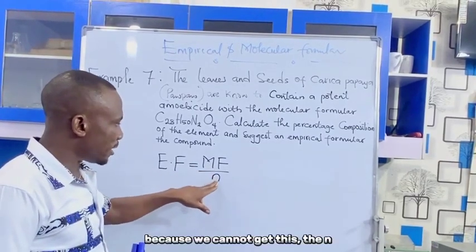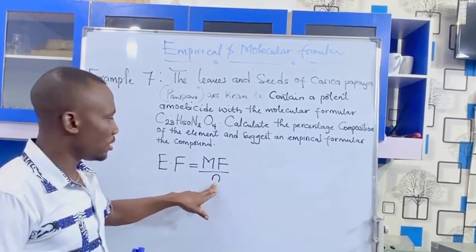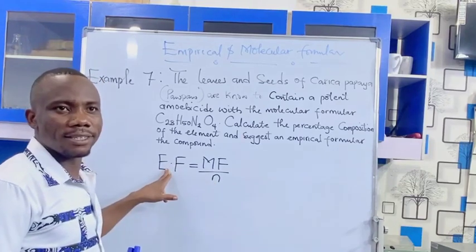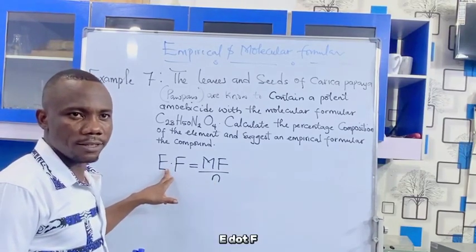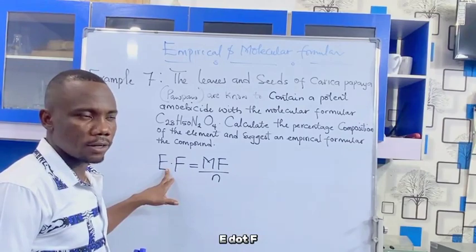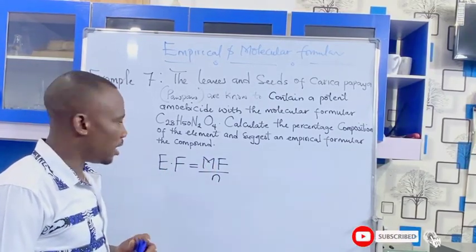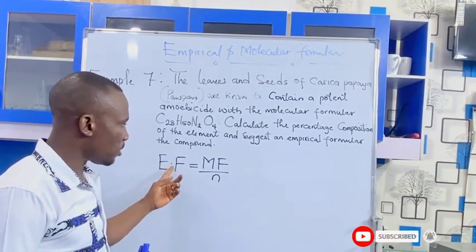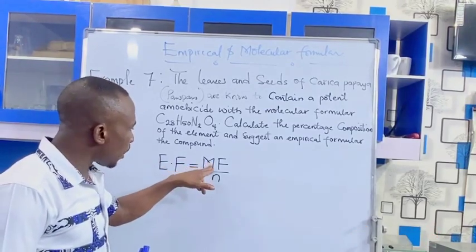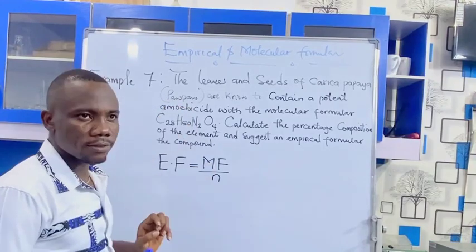Because we cannot get this, the n, and we cannot get the empirical formula weight, we cannot determine the empirical formula from this.